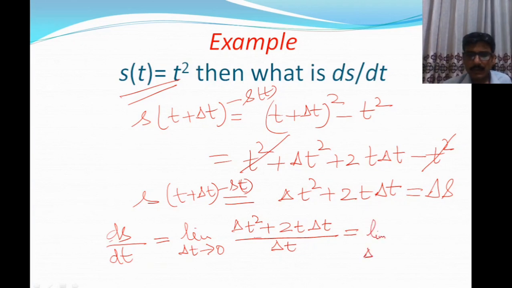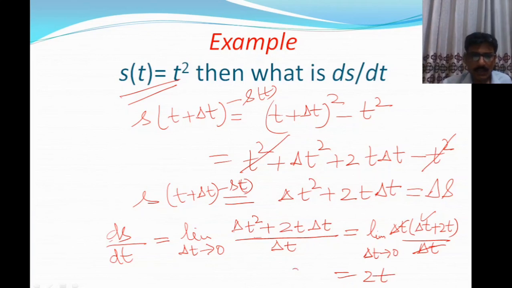Taking delta t as common, the remaining part is delta t plus twice t upon delta t. Here delta t cancels out, and as delta t tends to 0, that term becomes 0. So the answer is twice t.